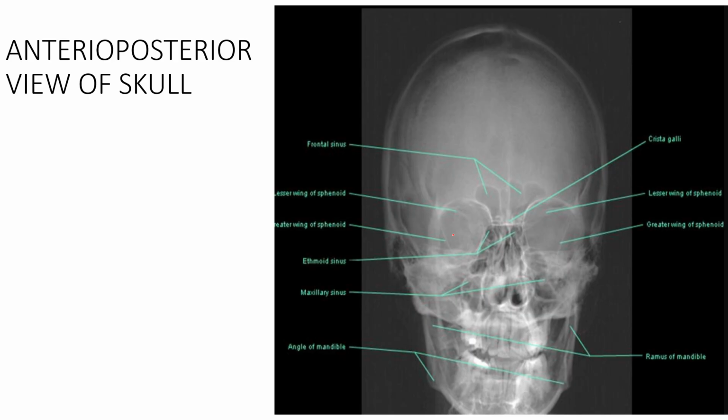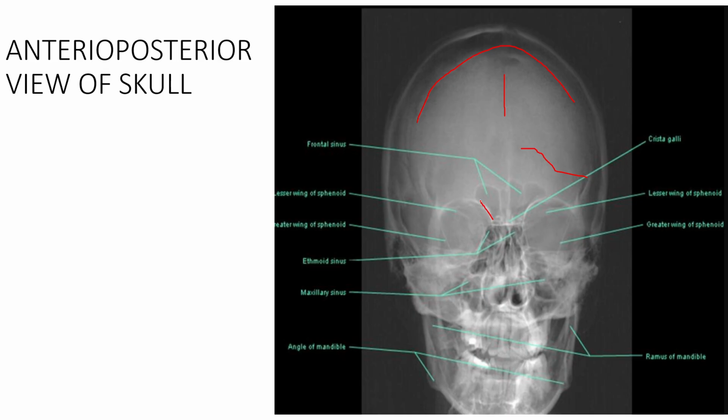In the anterior posterior view of skull, here you can see this is the vault area, and in the vault area we can see two tables, not clearly seen here, but next x-ray we will show you. This is the coronal suture, this is the area of sagittal suture, and somewhere lambdoid suture should be seen here, but it's not being shown here.